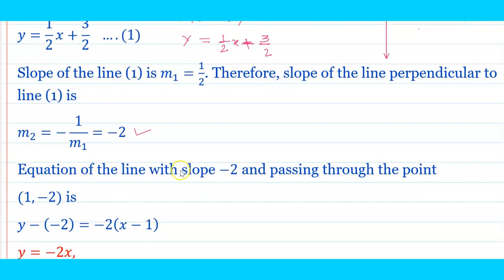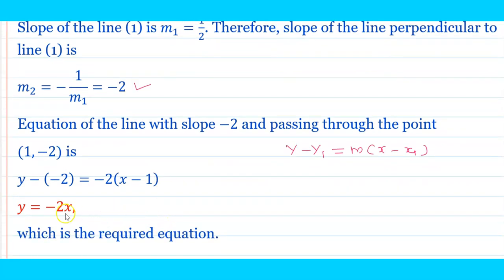Now the equation of a line having the slope minus 2 and passing through the point 1, minus 2, use the slope point form, means y minus y1 is equals to m in bracket x minus x1. Substitute x1, y1 as 1, minus 2 and m as minus 2. y minus in bracket minus 2 is equals to minus 2 in bracket x minus 1, and evaluate it.